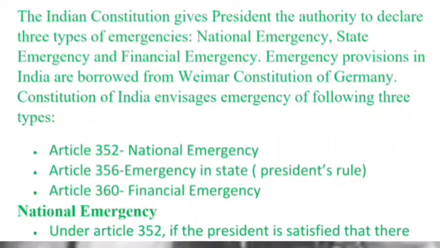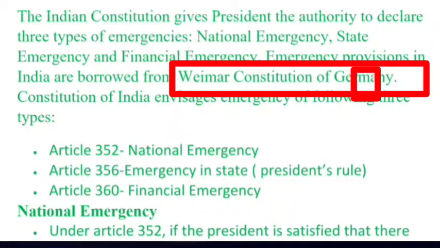The Indian Constitution gives the President the authority to declare 3 types of emergencies: national emergency, state emergency and financial emergency. Emergency provisions in India are borrowed from the Weimar Constitution of Germany.